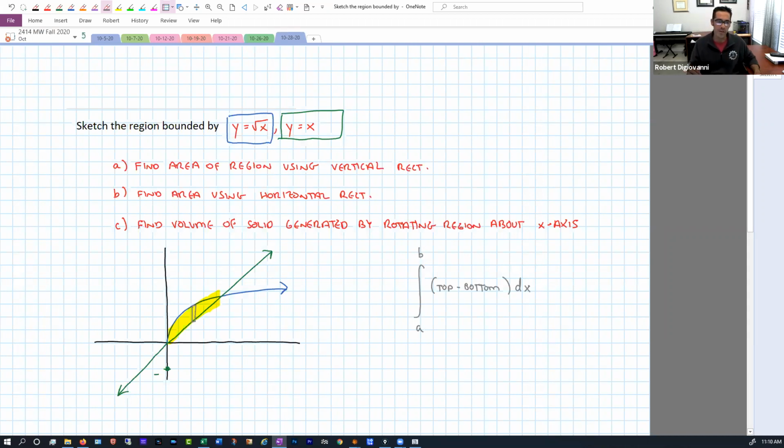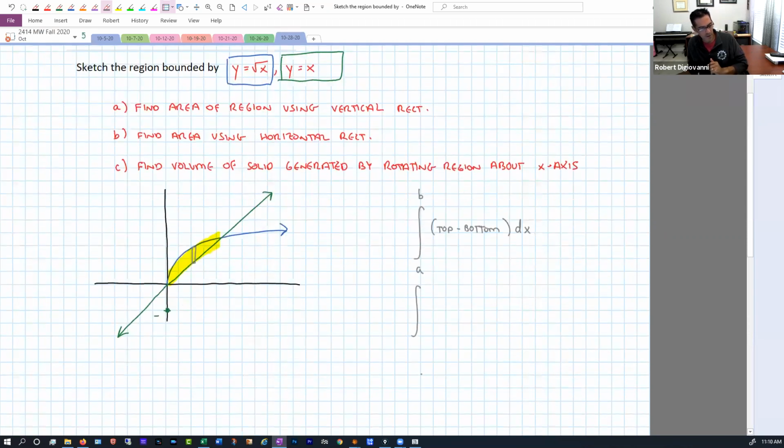That's what we're going to use. So we need to figure out, do we know the top function? I think we do. It's obvious from the picture. The top function is the square root of x. The bottom function is just x.